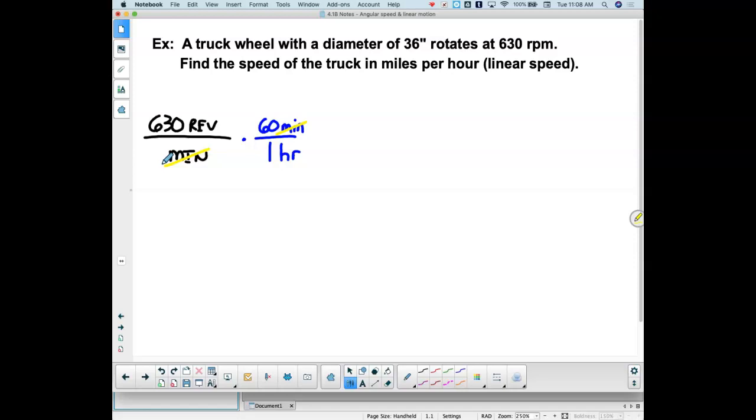All right. So I'm in per hour. That's a good thing because now I needed this one to be in per hour. So I'm good there. So now I just have to convert revolutions to miles. Okay. Well, 1 revolution is 2 pi radians.